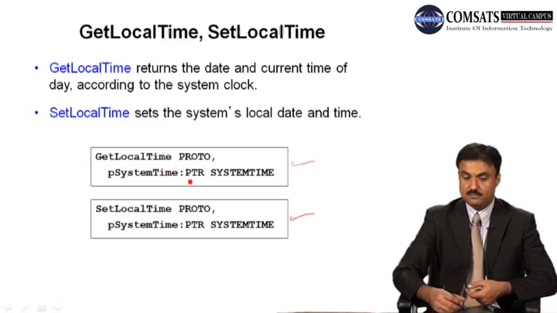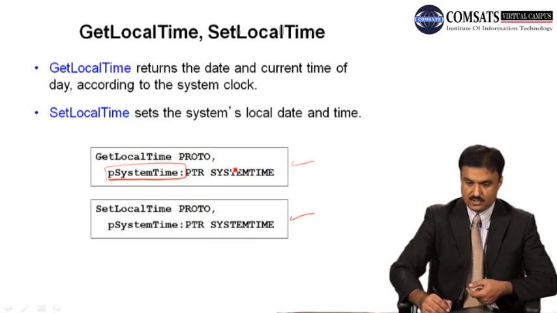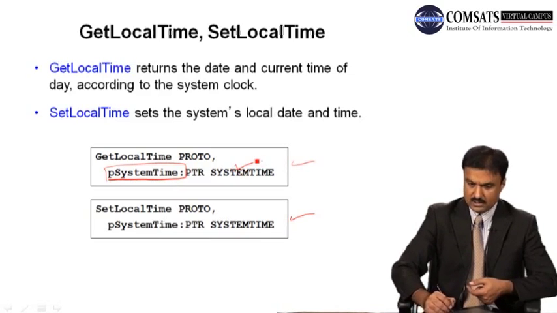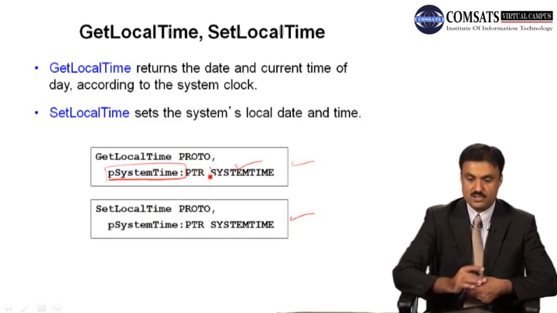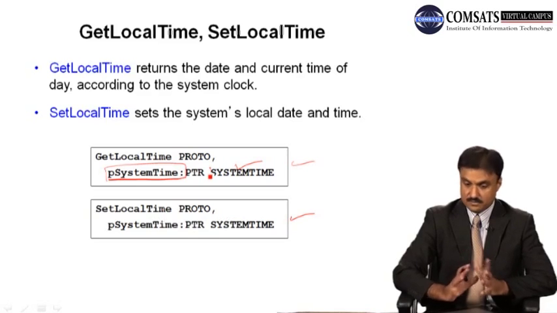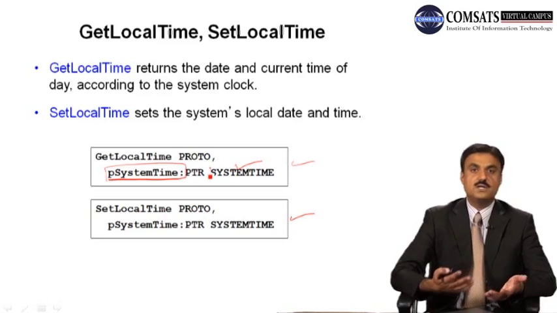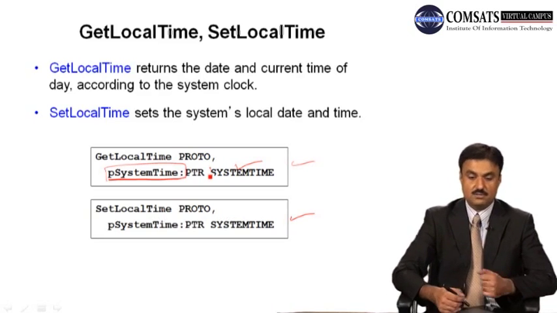For the GetLocalTime prototype, we will define the system time structure, called the SYSTEMTIME structure. Once you define this structure, we can define values for the members, or you can use that structure to get the values from this function.